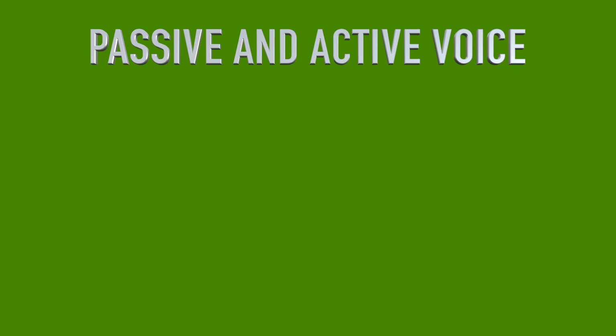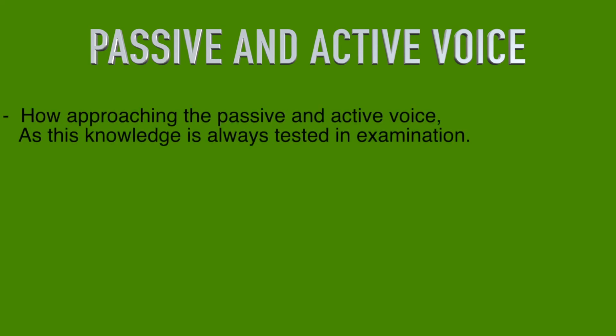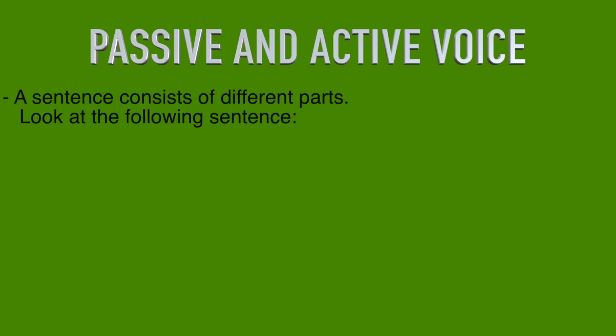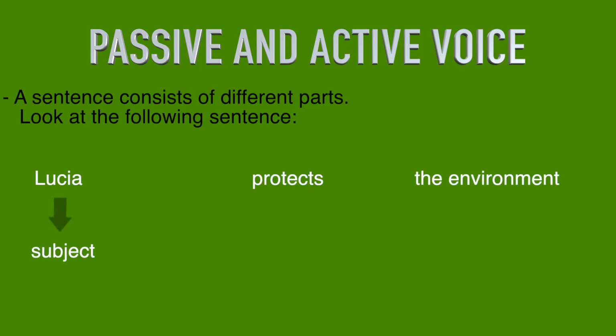Let's quickly look into the details of how to approach the passive and active voice, as this knowledge is always tested in the examination. A sentence consists of different parts. Look at the following sentence. Lucia protects the environment. Lucia is the subject, protects the verb, and the environment is the object.